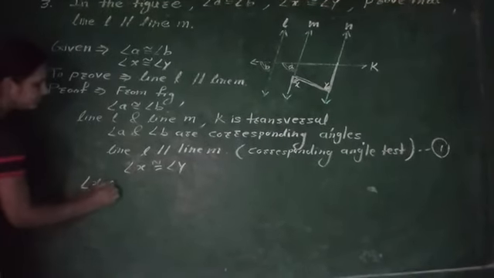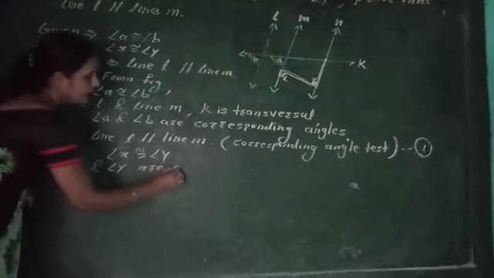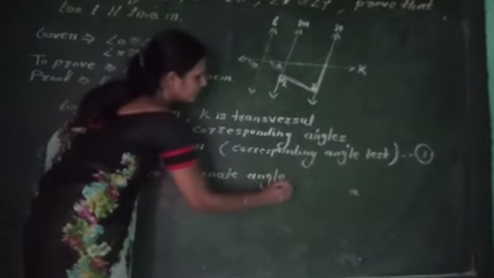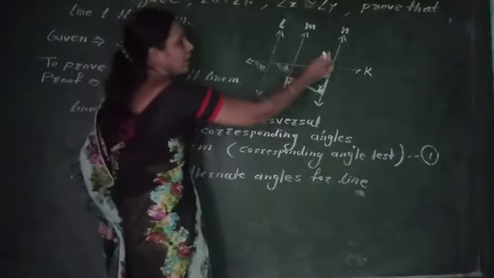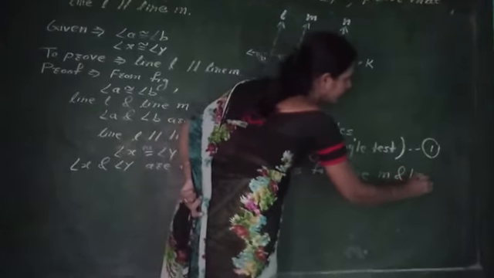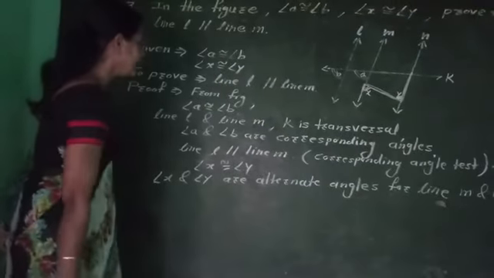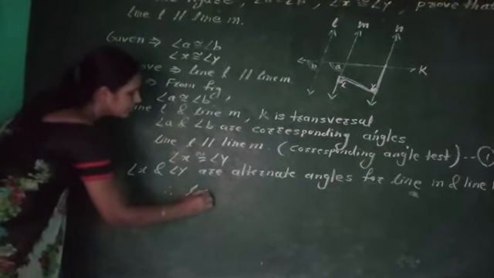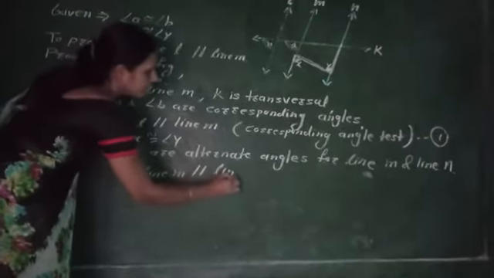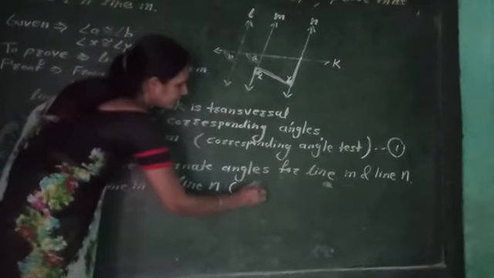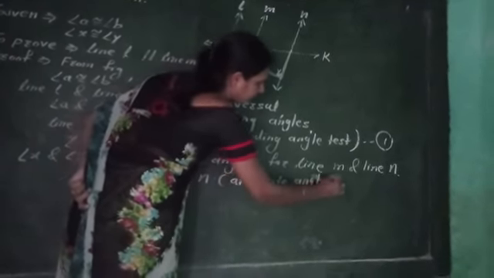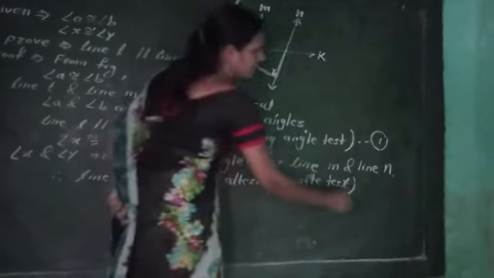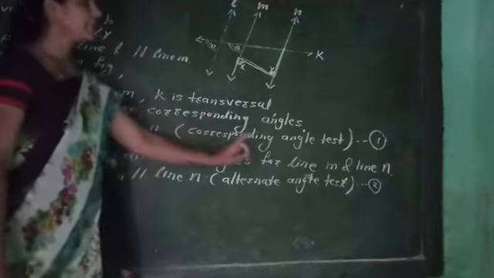Angle X and angle Y are alternate angles for lines M and N. So by using the alternate angle test, we can write that line M is parallel to line N because of the alternate angle test.